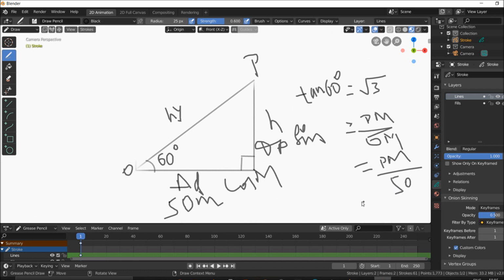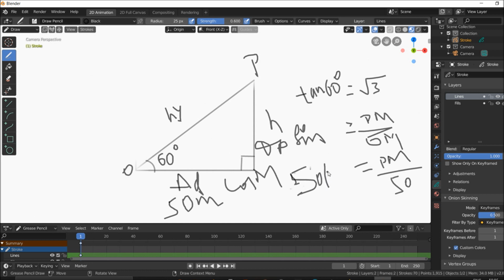Now we got this value, and this is √3. So it's obvious, you can do it this way. You can say 50 into whatever value is there.